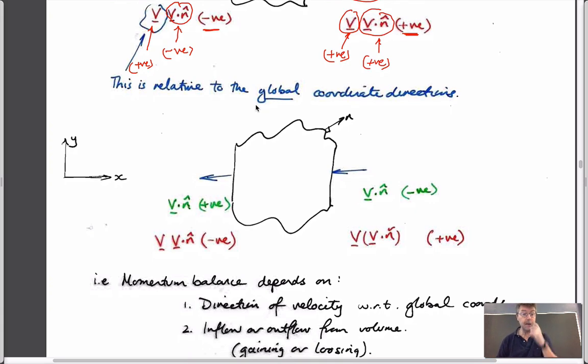So let's take the same example and just reverse it. Now you have the flow in this direction, so v is negative, 5 meters a second or whatever. You can choose whatever number, so the scalar value of this is -5. What happens now? This is the green one, the normal to the boundary, and so this is out. It's aligned to the outward one.